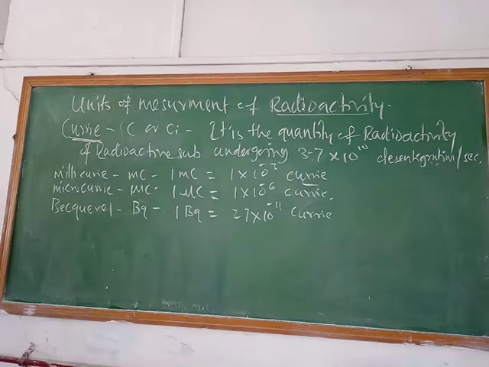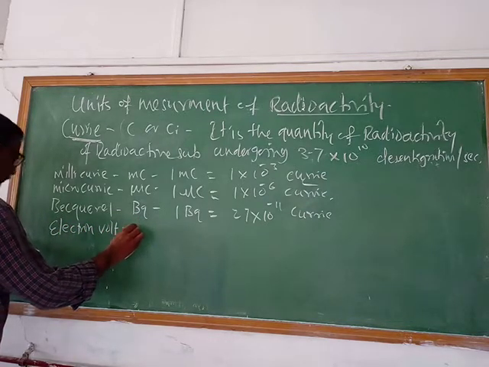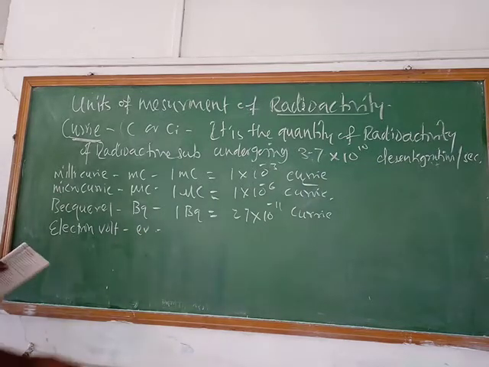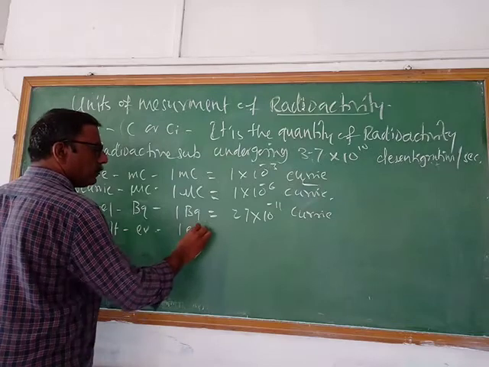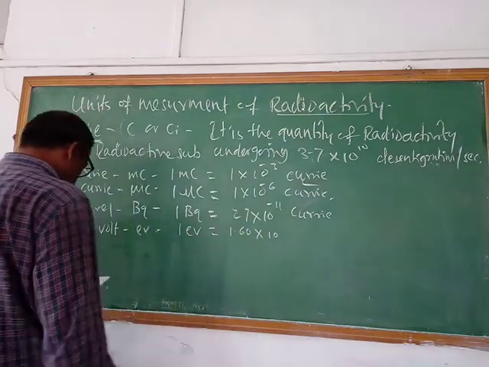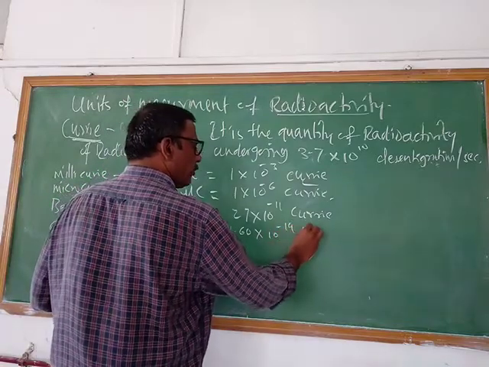Then electron volt, eV. 1 eV is equal to 1.60 into 10 raised to minus 19 joules.